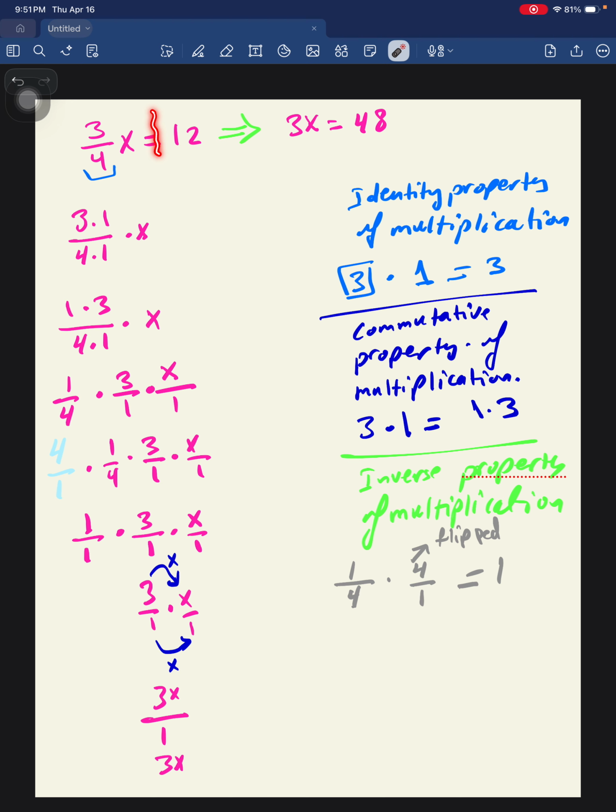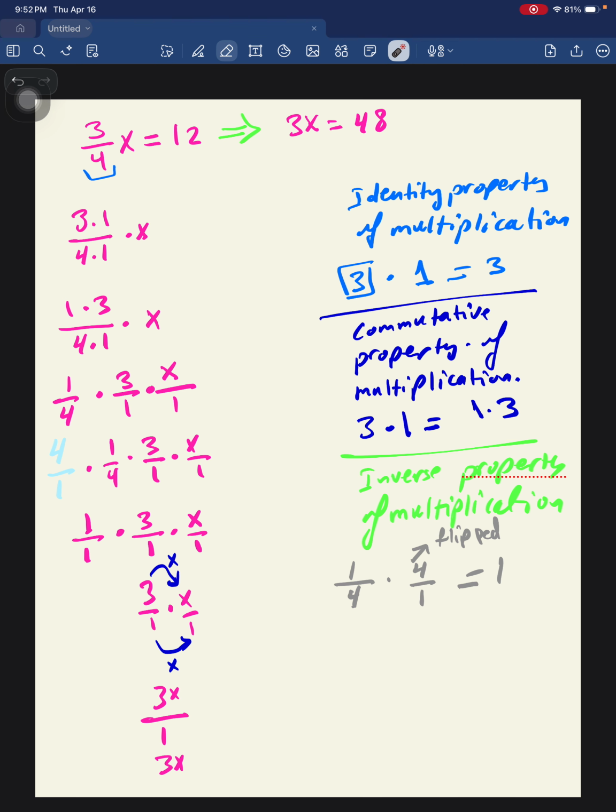Okay, we have talked about this side of the equation, but I still have the other side, which is 12. The whole thing is multiplied by 4 over 1. So we multiply by the reciprocal, or the flipped: when we flip 1/4 it becomes 4, so we multiply everything by 4.